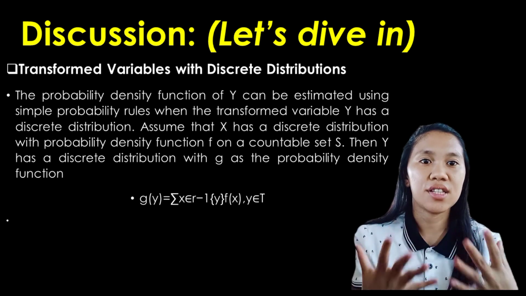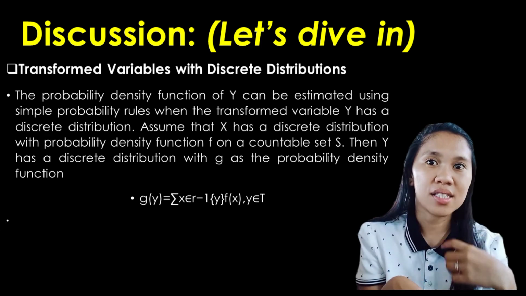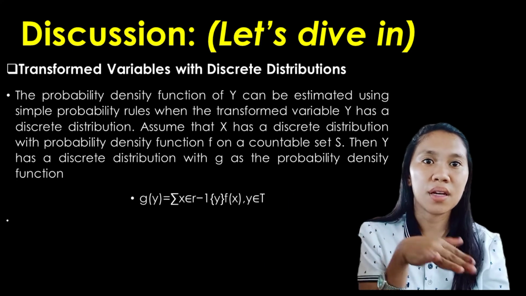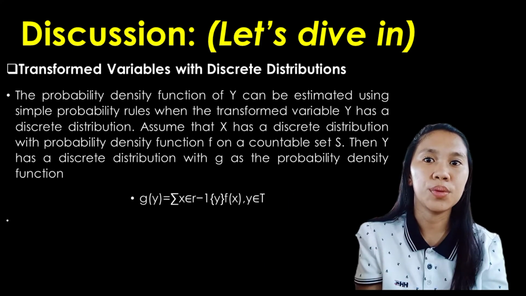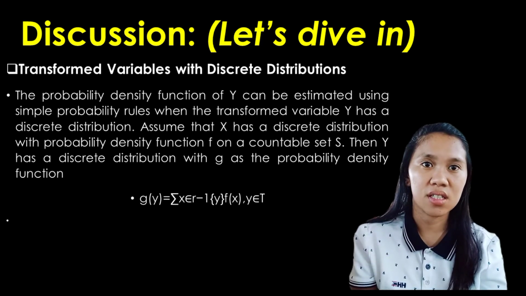So, when we say transform variables with discrete distribution, the probability density function of y can be estimated using simple probability rules when the transformed variable y has a discrete distribution.